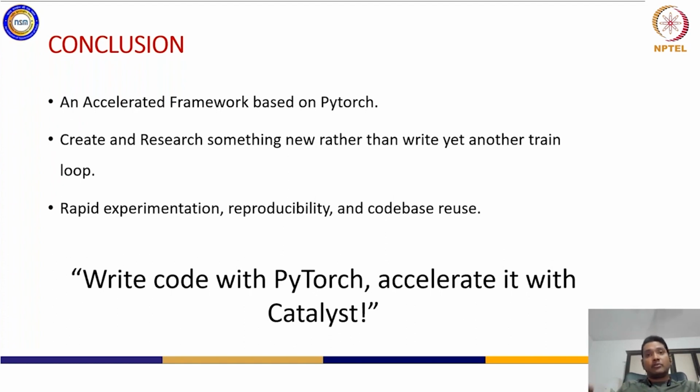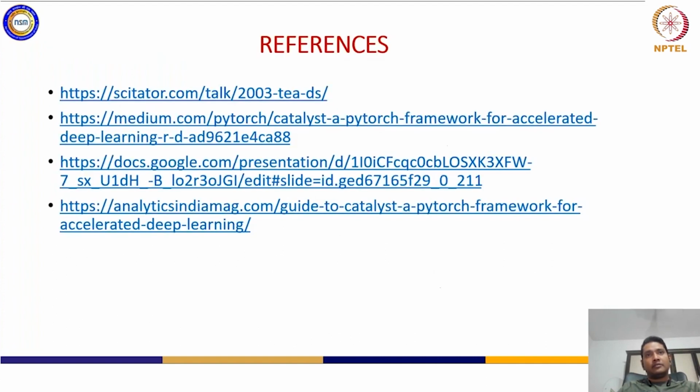This is very important because once you have generated the config file, you can just reuse it for different trainings. As our TA Vidya has written here, this is the code from the initiator: write code with PyTorch, accelerate with Catalyst. Thank you, with these references, and we'll go to the question and answer session.